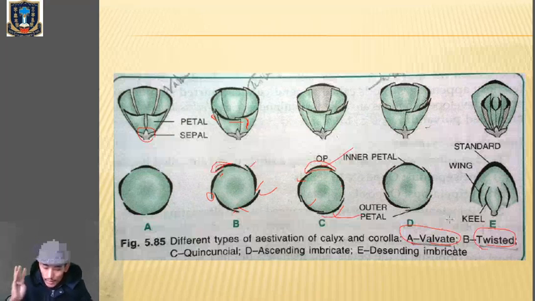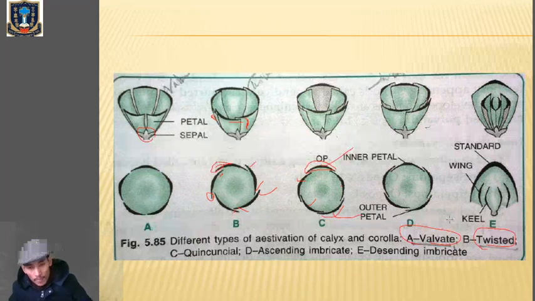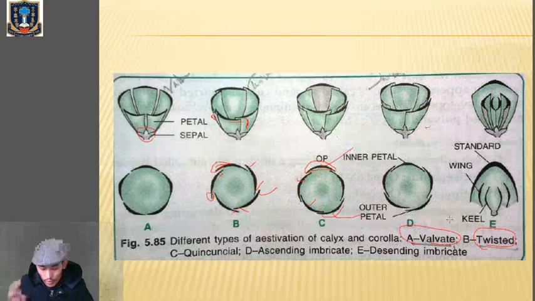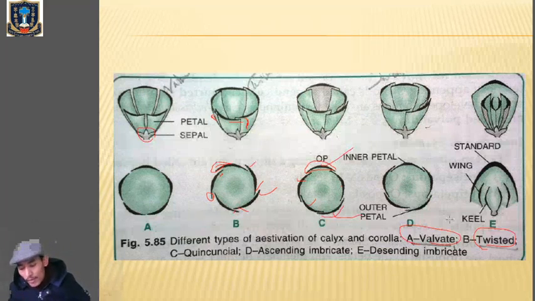There are mainly four types: open type, where the margins of the petals will be far apart from one another; then valvate, where the petals will lie close to each other, they will simply touch each other but they don't overlap. Then the third one was twisted or contorted, where the margin of one petal will cover the margin of the adjacent petal and the other margin is covered by the margin of the adjacent petal.